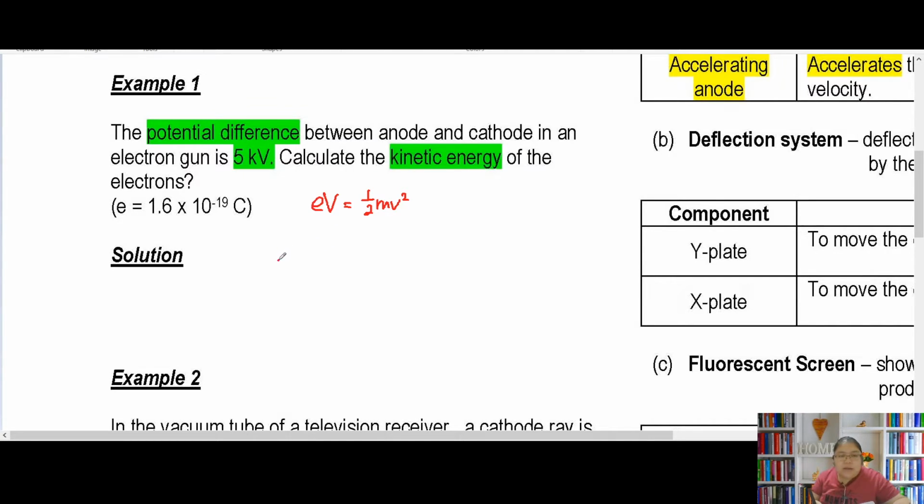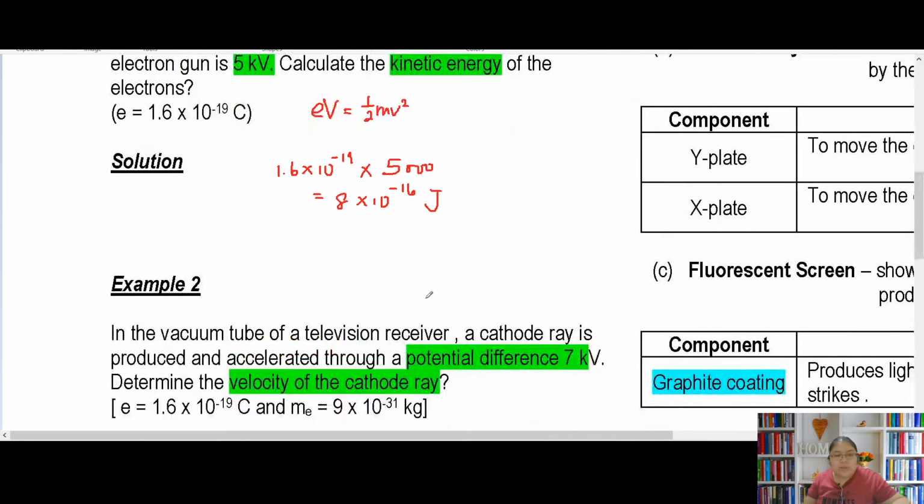So I just apply 1.6 times 10 to the power of negative 19, then multiply with 5 kilovolt. So the final answer I get is 8 times 10 to the power of negative 16. Remember, energy is in joule. So this is the answer for example 1.